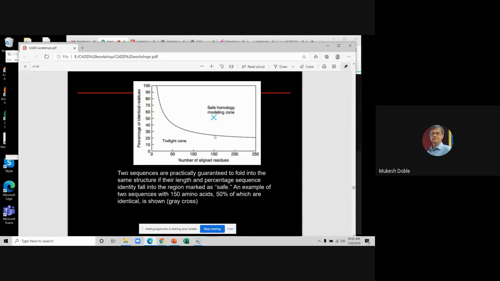If you are comparing almost 150, 200 residues, then around 30-35% is good enough. We can say that both proteins will have similar structure.